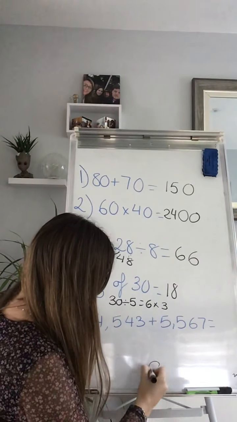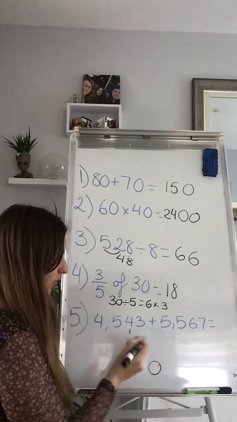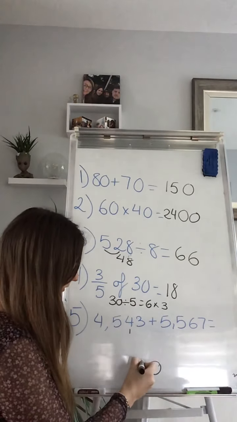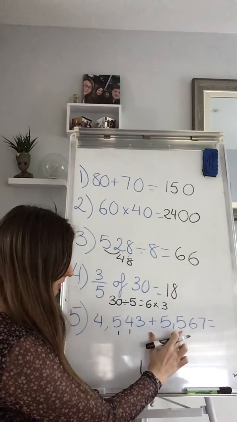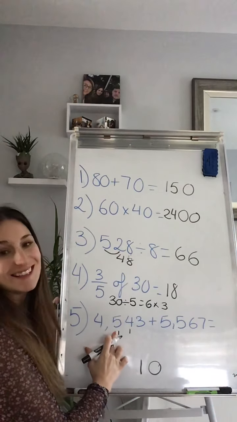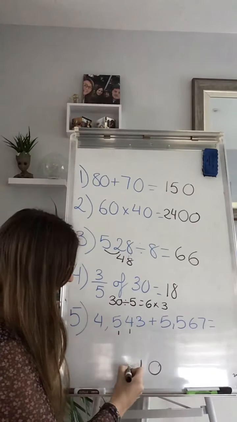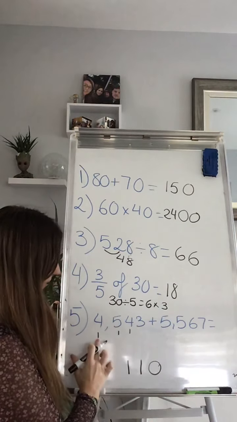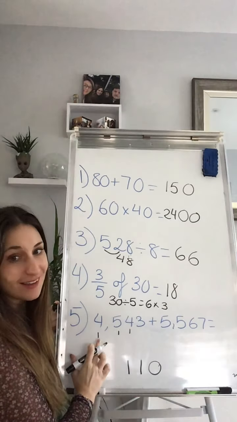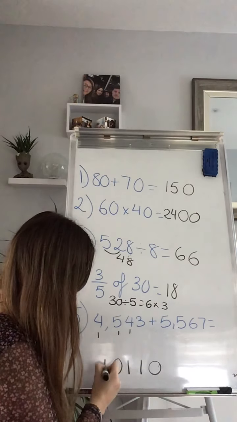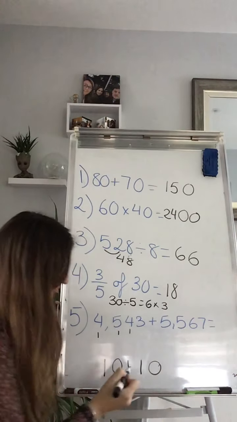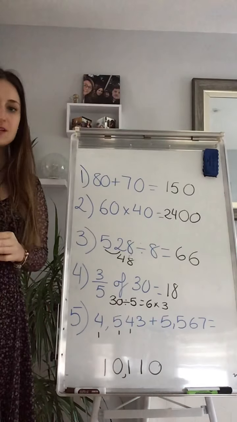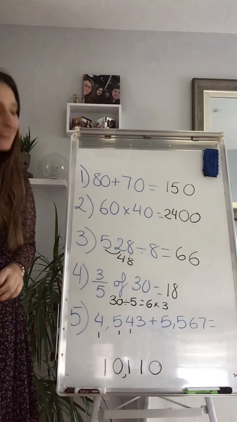I'm going to write the answer here. 10, so I'm carrying 1. 6 and 4 is 10, and 1, 11, I'm carrying 1 to my next. 5 and 5 is 10, and 1, 11, I'm carrying 1. 5 and 4 is 9, and 1 is 10. So your answer should be 10,110. Okay.